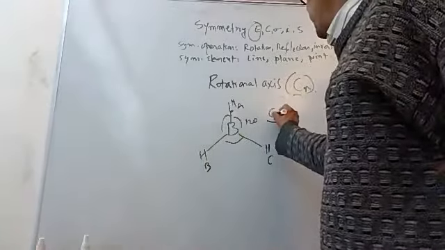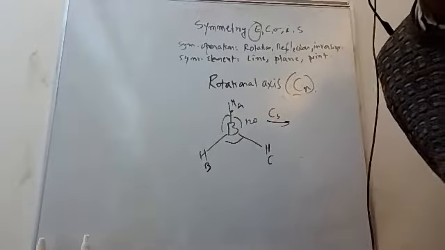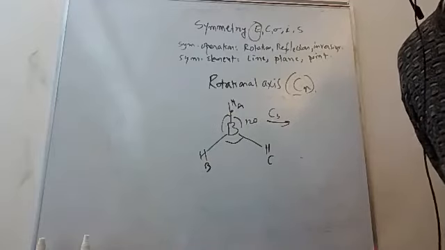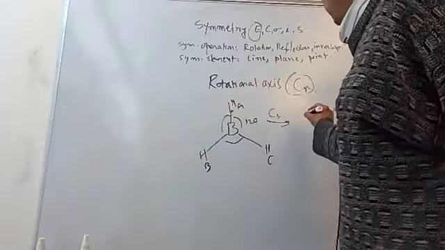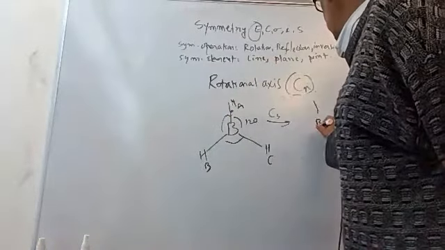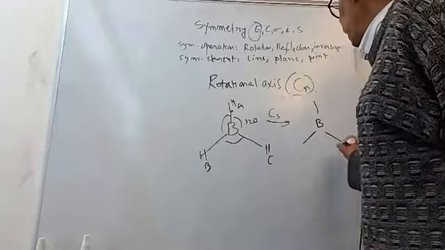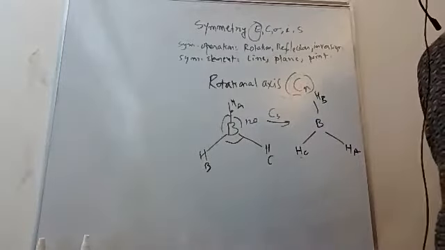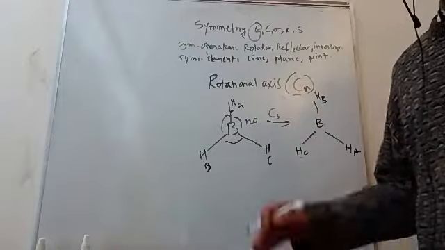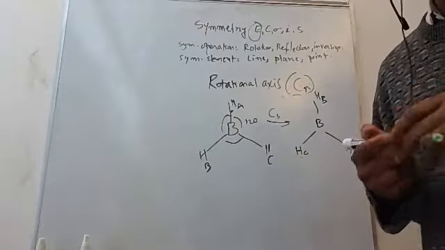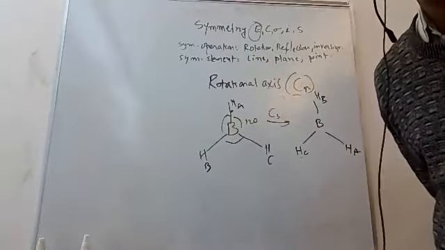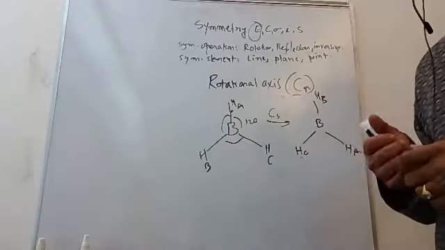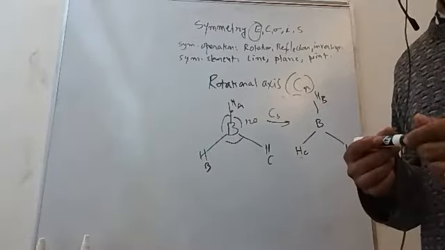So if I were to rotate by 120, that is 360 divided by 3, right? So I say it's a C3. Now, if I rotate, hydrogen A will go here, hydrogen C will go here, hydrogen B will come there. If you remove those subscripts A, B, and C, does the shape look exactly the same as before? Yes, it does, right? So we say this molecule also has a C3 rotational axis of symmetry.